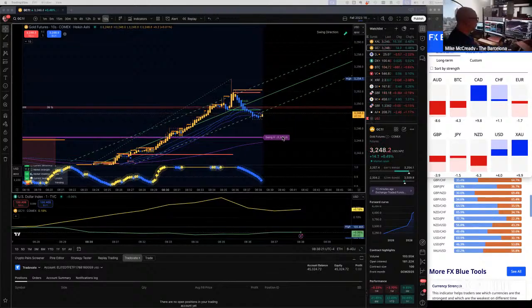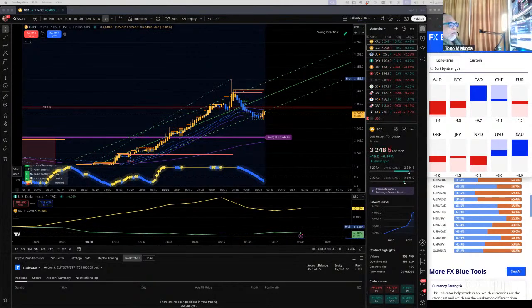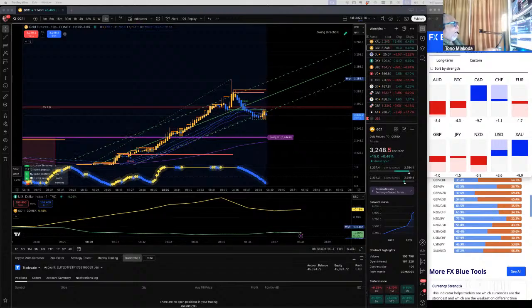This might be the range, the 2 pip, 3 pip range. Too iffy.